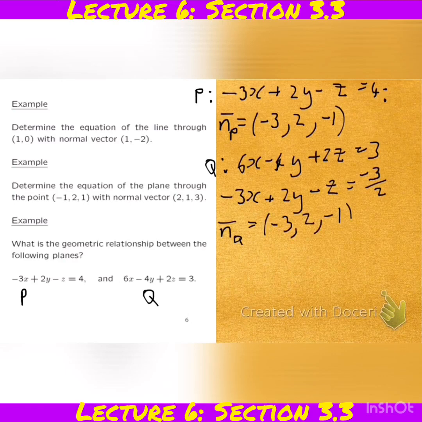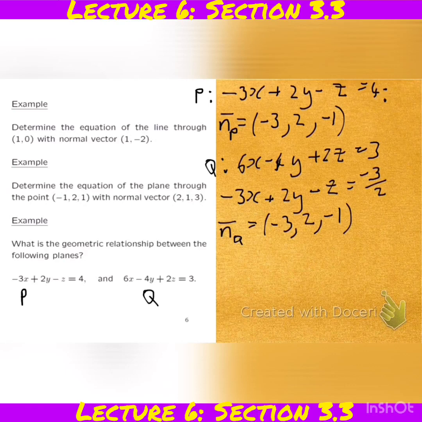Now what does this imply? The vector that's orthogonal to every vector that lies on the plane Q is the same as the vector that's orthogonal to every vector that lies on the plane P. If the normal vectors of two planes are the same, it essentially means the two planes have to be parallel.